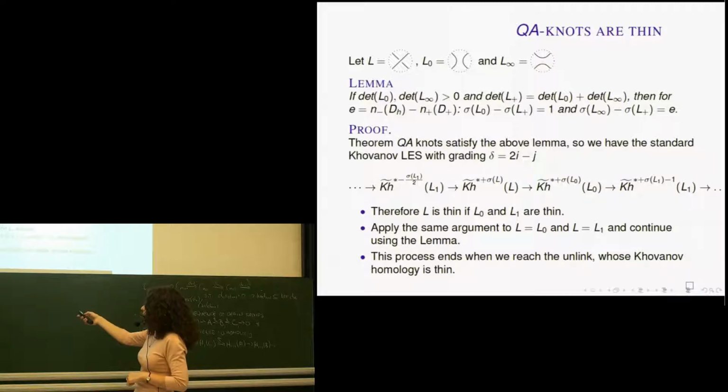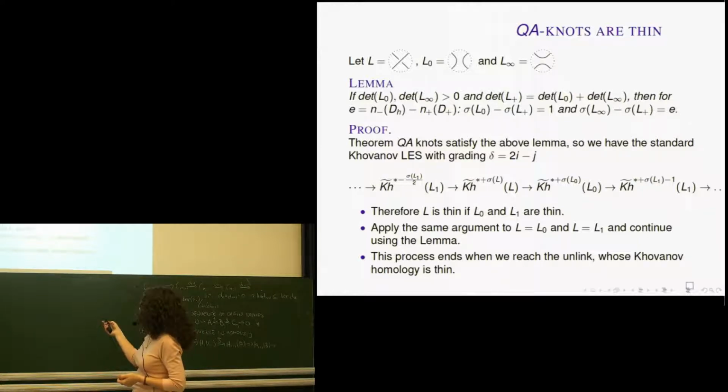And if you look at the standard Khovanov long exact sequence in which we emphasize this grading delta, 2i minus j, then the long exact sequence looks like this. You have some number, so this stands for some i, and this should be in a plus half the signature of L1, and then another grading that's just Khovanov of L, another one of L0.